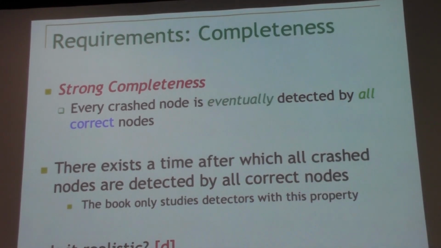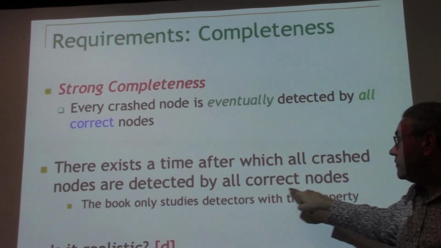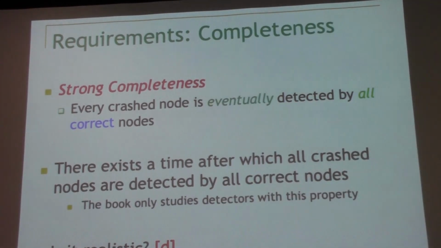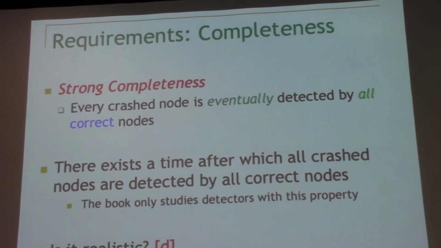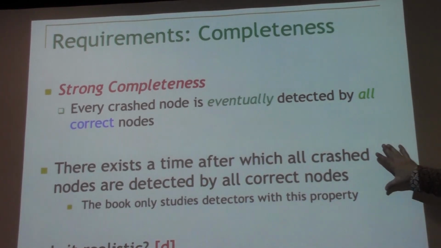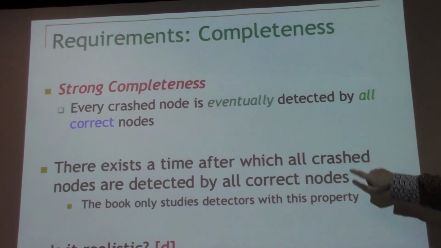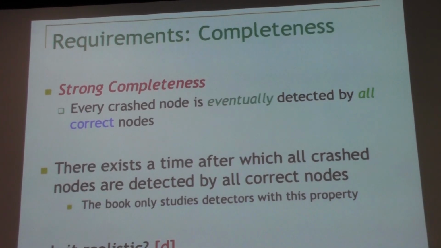That means every single correct node, one that does not crash, will eventually detect every crashed node. That property is called strong completeness. There exists a time after which all crashed nodes are detected, meaning you've noticed that they failed, by all correct nodes. And we will only really look at detectors with this property, actually.